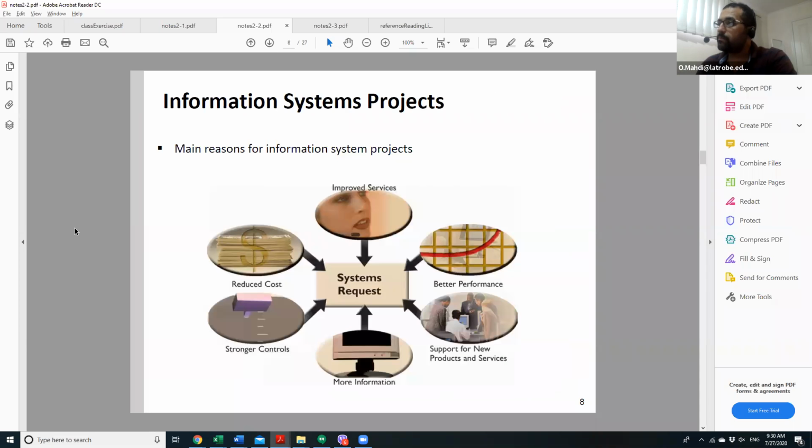Now, information system projects. You may have a question: what other reasons are there for information system projects? As we said, developing an information system does not always mean you came up with a totally new idea. It is not compulsory.